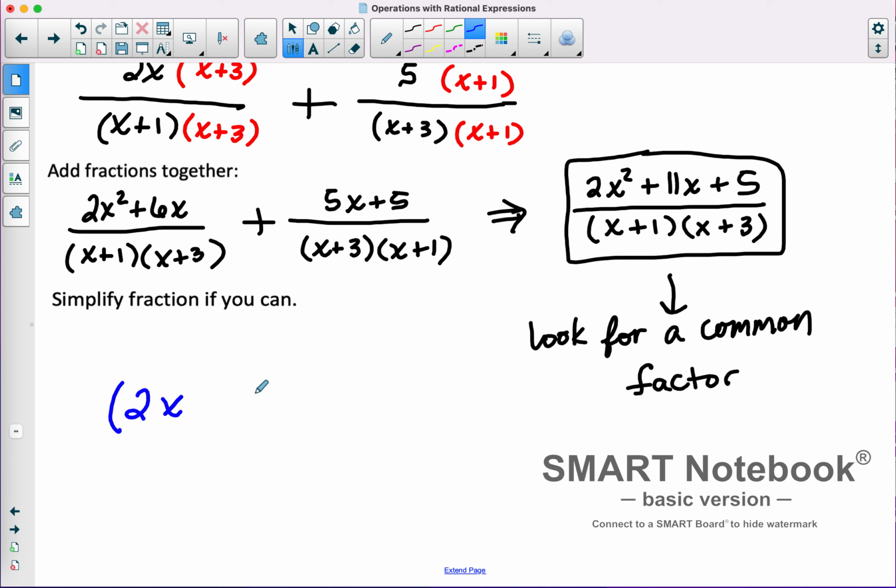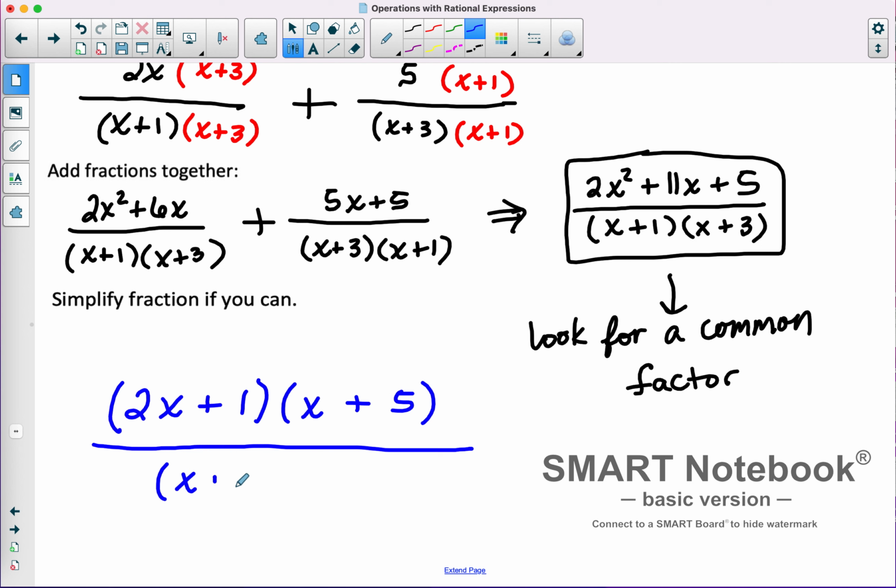All right, so 2x squared is coming from this factorization of 2x times x. The 5 is going to be 1 times 5, and that does factor into 2x plus 1 times x plus 5. So since the numerator does factor, we would look to see, do we get a common factor?